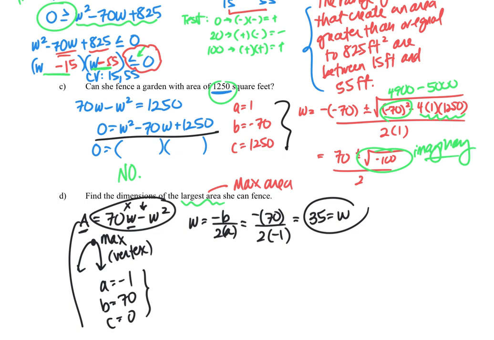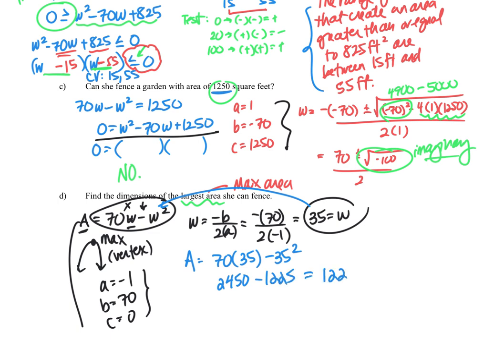What would be my max area, or how do I find it? I would have to take that and plug it in here. So the area is going to be 70 times 35 minus 35 squared. So 70 times 35 is 2450. 35 squared is 1225.